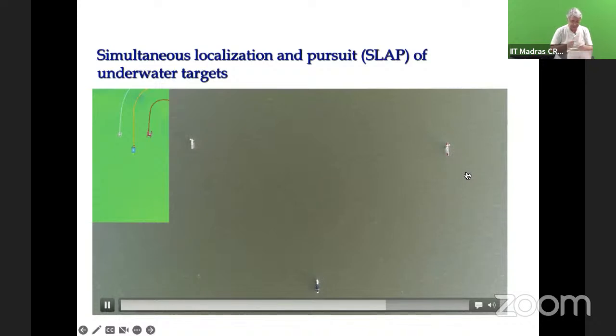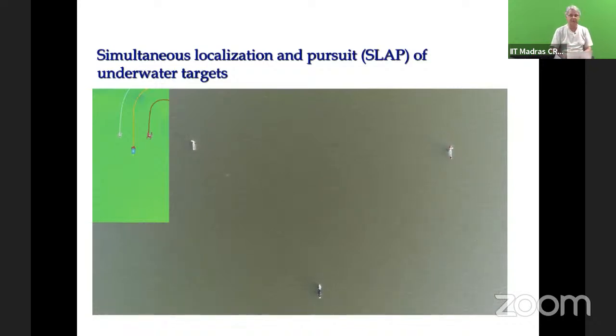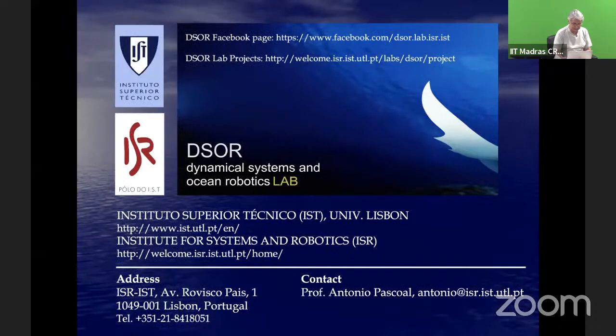All this is being done in cooperation. It's cooperative motion control, cooperative estimation, so on and so forth. So we are going to repeat these tests with more vehicles, and I'm very hopeful that things will work out nicely.